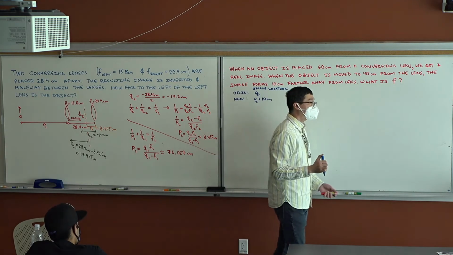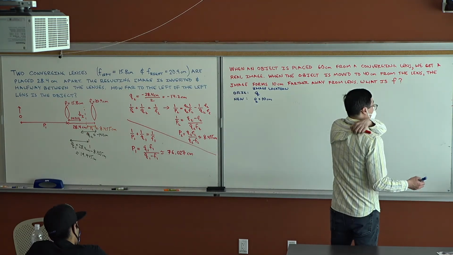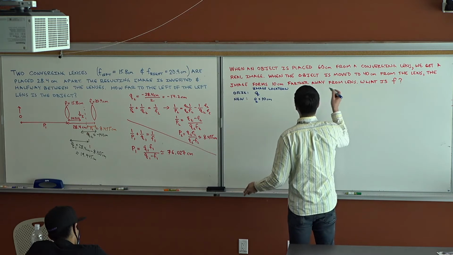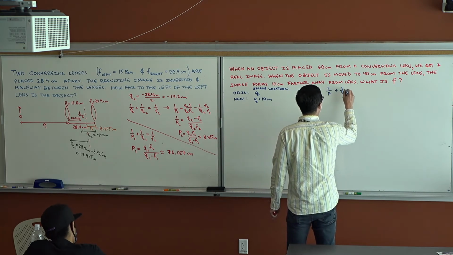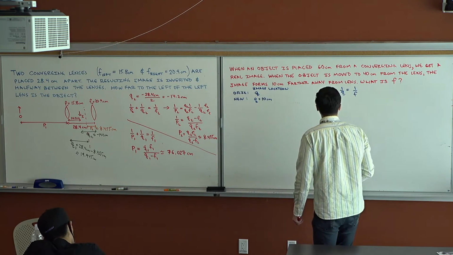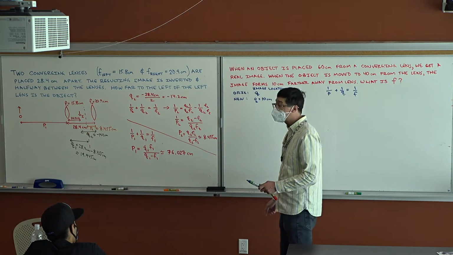So we've got our standard equation, 1 over P plus 1 over Q is 1 over F. Well, it's the same lens in both of these cases.